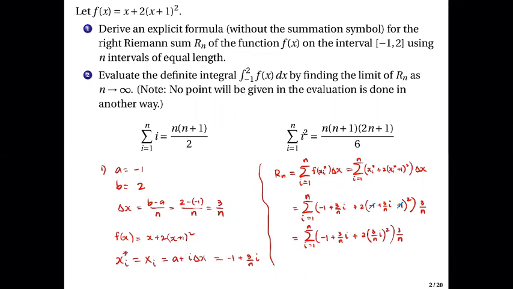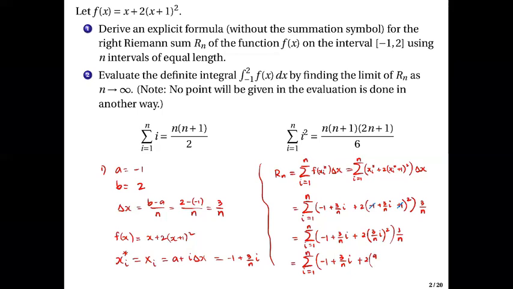And then we simplify further. In here, we have (3 over n times i) squared, so we have 2 times 9.